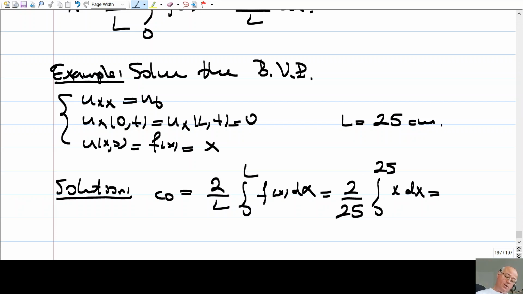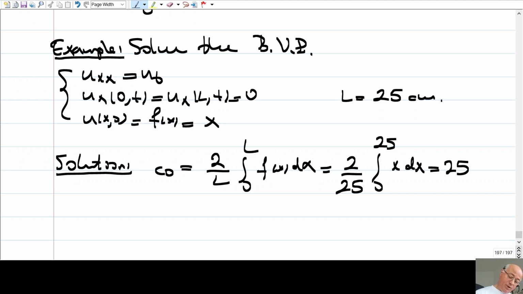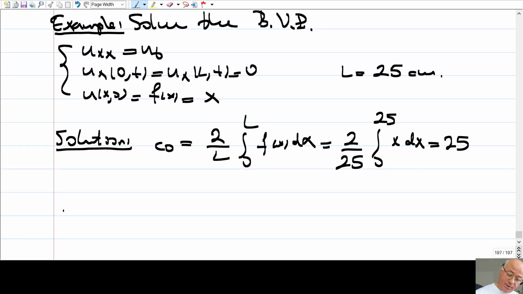So this is x squared over 2, 25 squared over 2. Bu da ne eder? 25. Değil mi? Evet. C0 25.